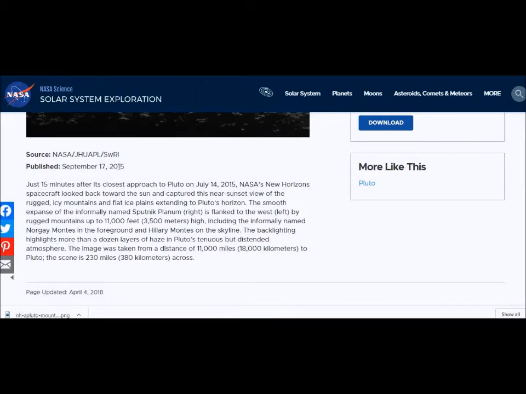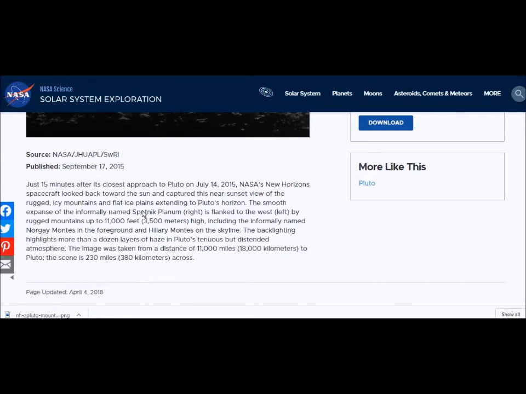published September 17th, 2015. Says just 15 minutes after its closest approach to Pluto on July 14, 2015, NASA's New Horizons spacecraft looked back toward the sun and captured the near sunset view of the rugged icy mountains and flat ice plains extending to Pluto's horizon.